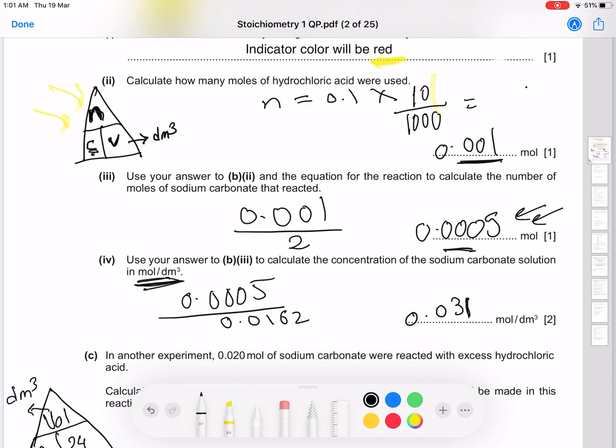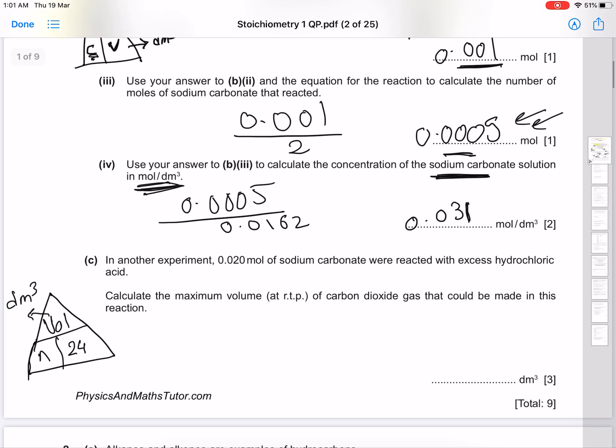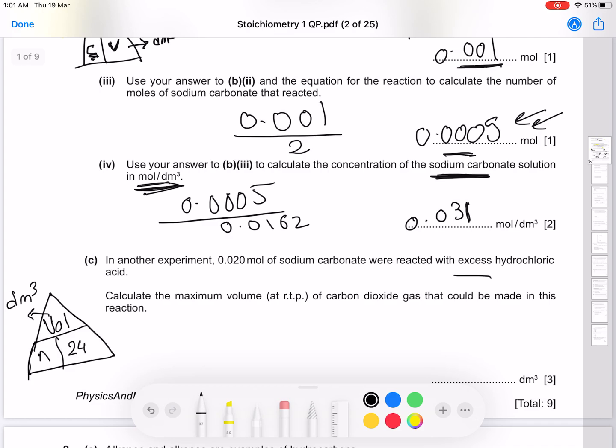So this is the concentration of the sodium carbonate given. Now let's move to C. In another experiment, 0.02 mole of sodium carbonate were reacted with excess hydrochloric acid.